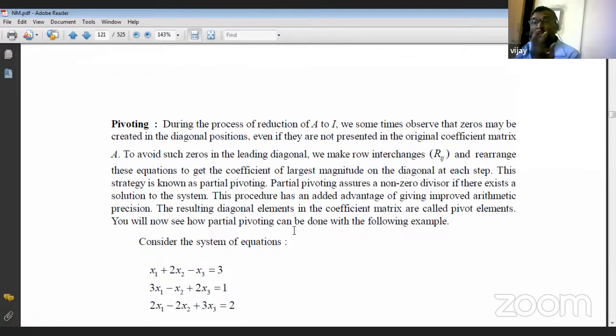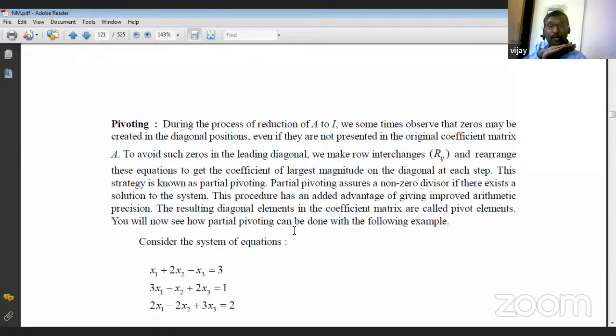During the process of reduction of A to the identity matrix, 1, 0, 0, 0, 1, 0, 0, 0, 1, sometimes zeros may be created in the diagonal positions, even if they are not present in the original coefficient matrix. So what if there is a 0 here? The leading diagonal is interchanged already. But here, in the three equations, we keep the coefficient of large magnitude on the diagonal.